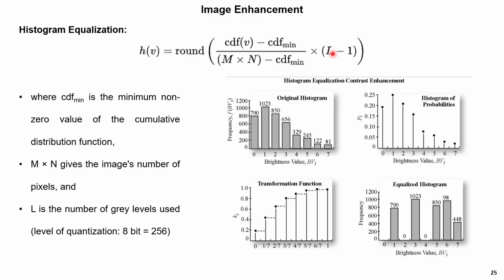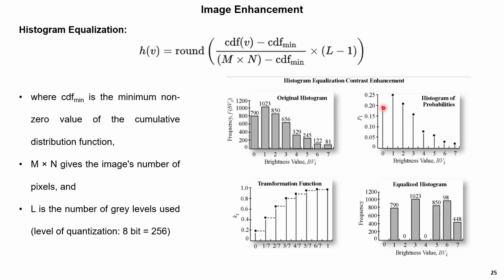If it is an 8-bit image, it will be 2 power 8 minus 1. That is your value of L. If your original histogram is something like this, these are the numbers of pixels, and then we are going to compute the probability. We take the sum of all the pixels, and 790 divided by the sum of all the pixels will give you this probability. Similarly, we will find out all the probabilities.